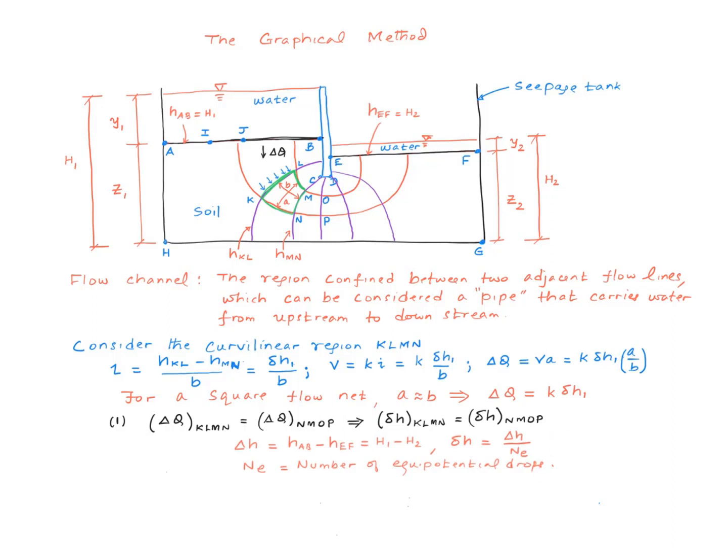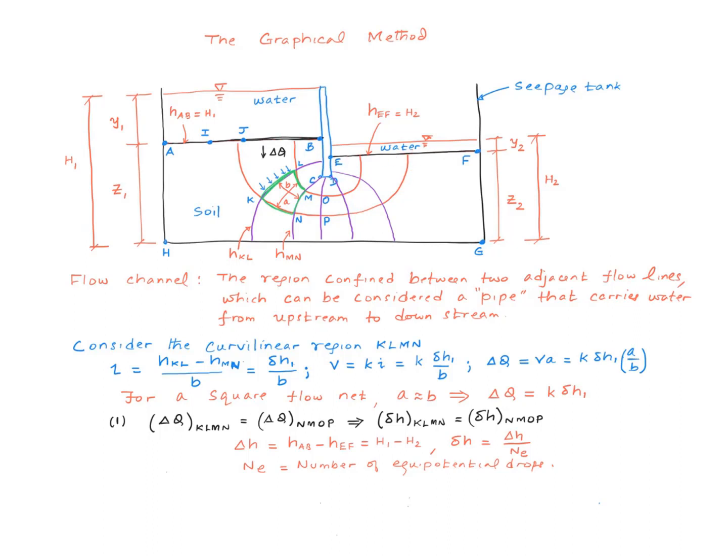We know the total head on this line, the upstream line, is H1, right? And then we know the total head on this downstream line is H2. So if I subtract one from the other, that is the total drop when we go from the upstream side to the downstream side.